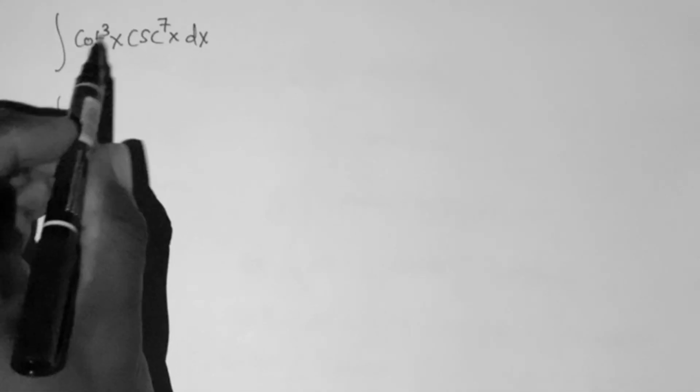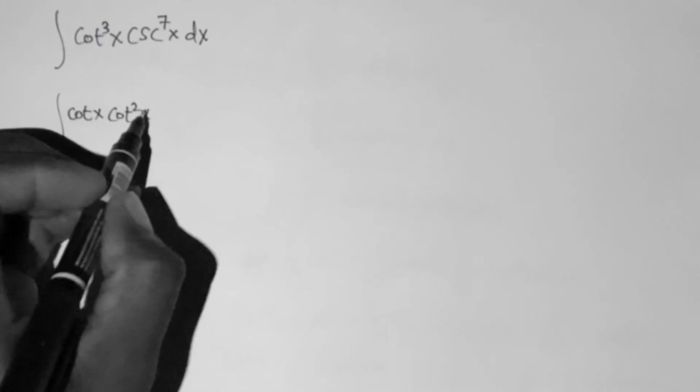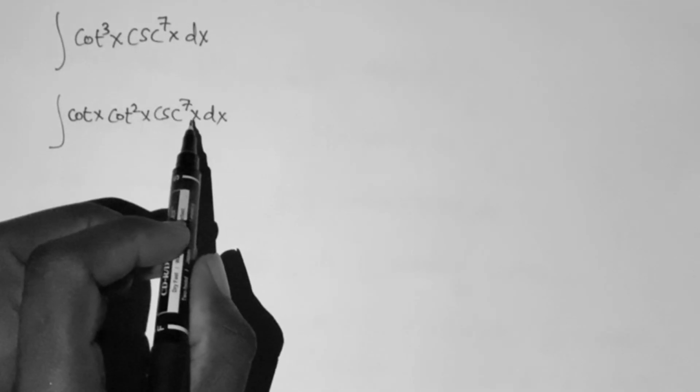So we are supposed to integrate cot x exponent 3, then cosec x exponent 7 dx. Now, let's pull out one cot x. So we have cot x, cot squared x, then cosec x exponent 7 dx.